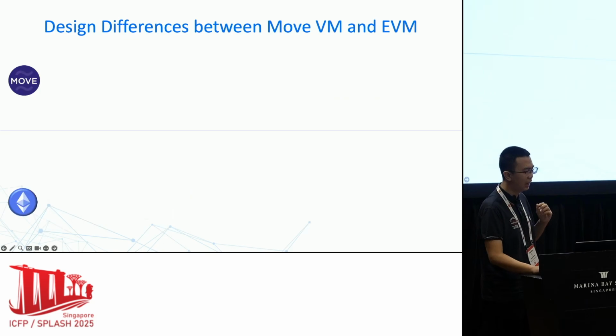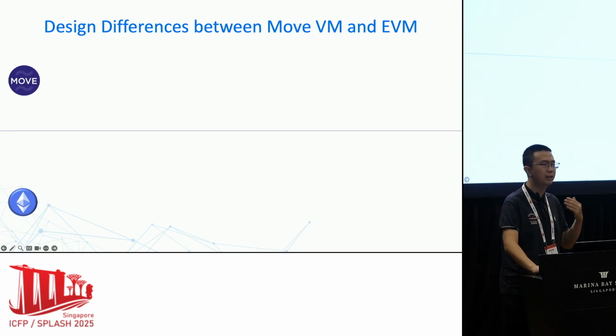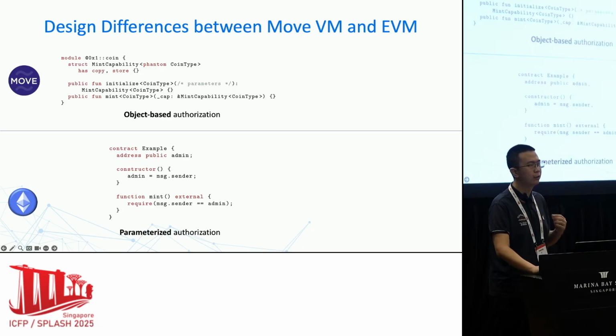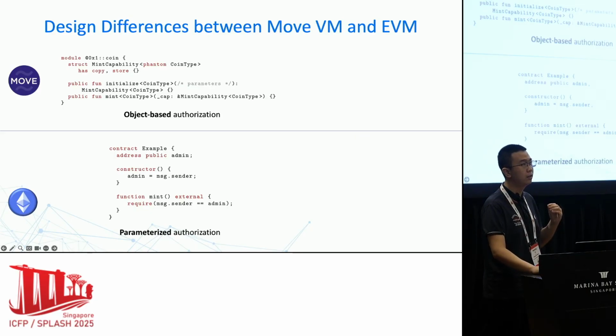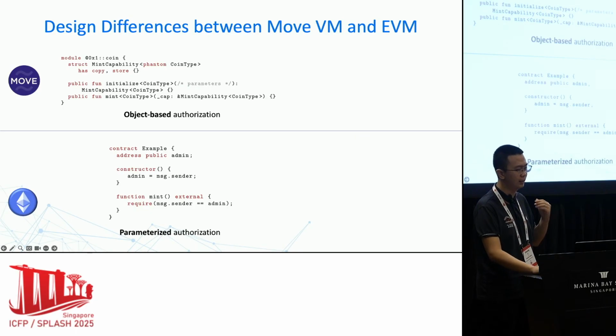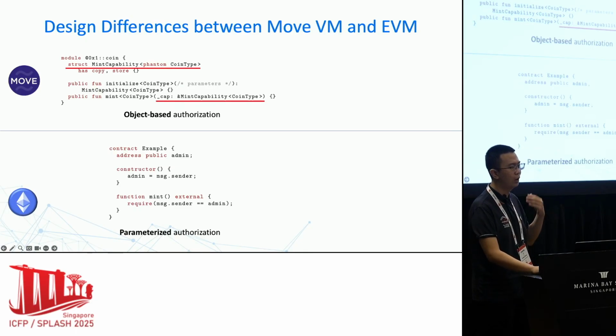So here is a challenge, because different virtual machines have many different language design concepts. For example, the way of permission control. In the Move language, if there is a function that needs some special permission to call, the Move design is to define a special struct and require an instance of this struct.